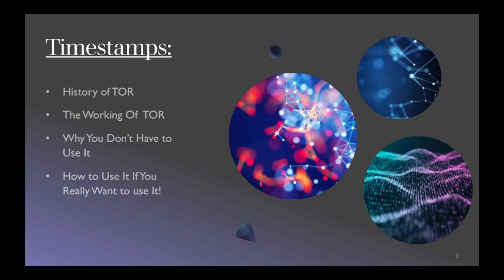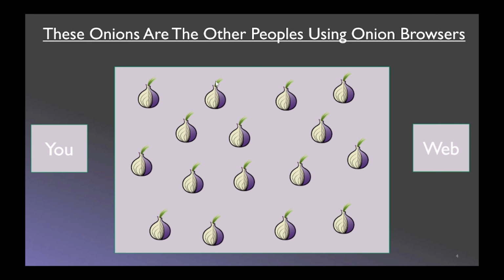So now we know a little bit of the history of the Tor, but let's see the working of the Tor. And after we know how the Tor works, we will get a better understanding of why we don't have to use it. So, Tor working. You can see that I have made a box here, that is you or me, and this is the normal website I want to visit.